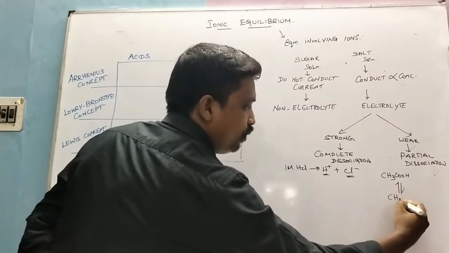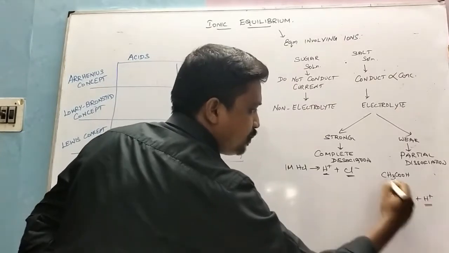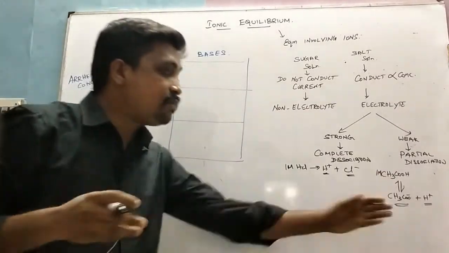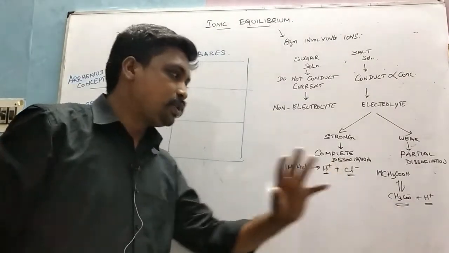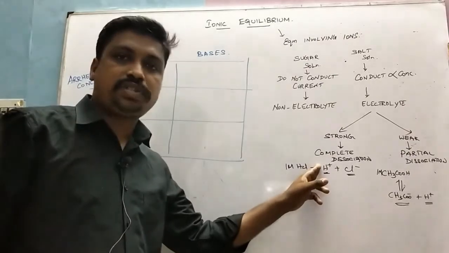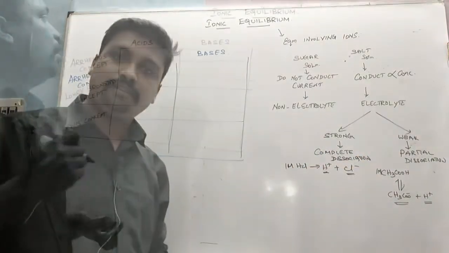So it will produce a lesser number of acetate ions and H+ ions, and the Avogadro number of ions will not be produced here. So you must be very clear that strong electrolytes undergo complete dissociation and weak electrolytes undergo partial dissociation, right?